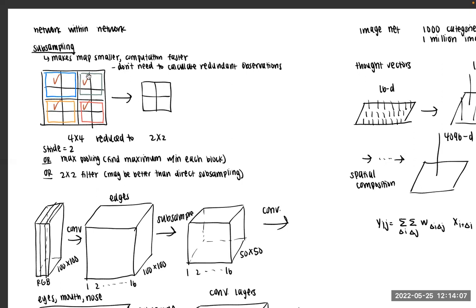And with the same 2x2 filter at this location, you get this value. So these are overlapping 2x2 filters. You can use a particular layer, 2x2 filters with stride 2, to perform the subsample. This is also okay.